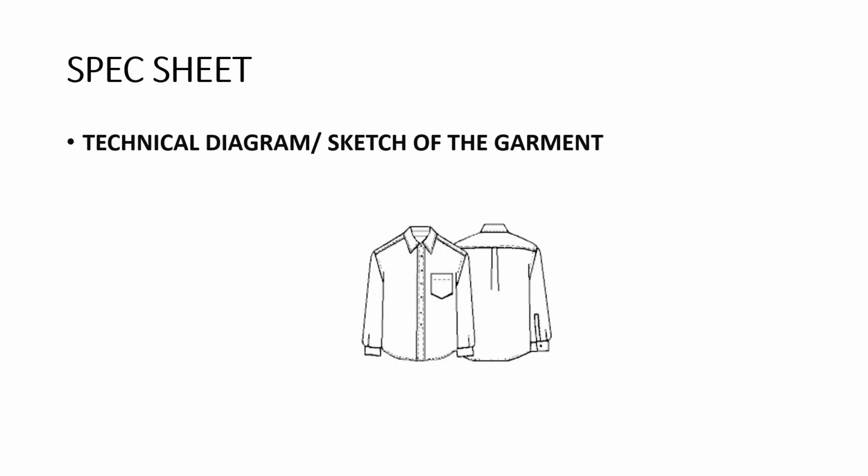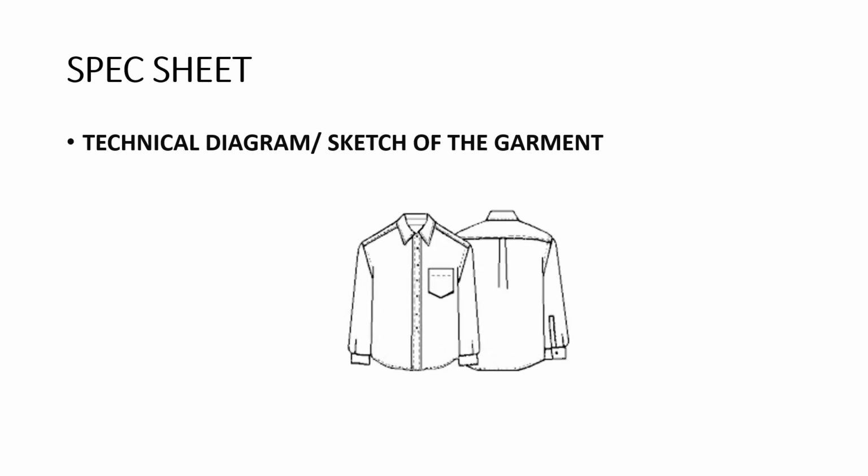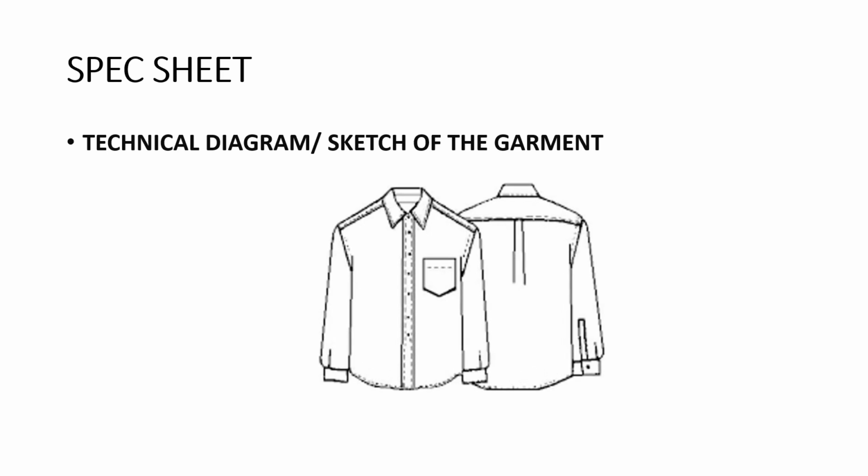This kind of technical sketch can be incorporated inside the specification sheet, or we call it a technical diagram also. And it depicts many things, what will be the look of that particular garment, where the pocket will be placed, how the collar is placed, how is the cuff. So all things are there in this technical diagram or technical sketch of the garment.